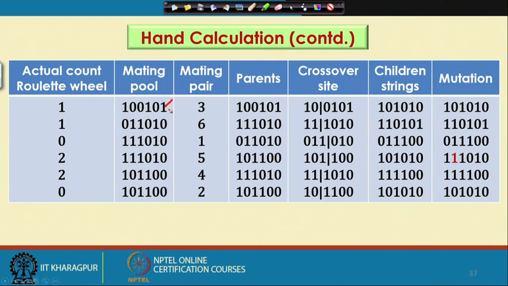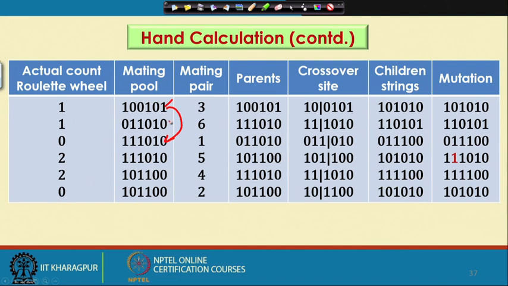This GA string is going to meet with the third one, selected at random using the random number generator. Here I have written 1 3, that means 1 is going to meet with 3, and 3 is also going to meet with 1.